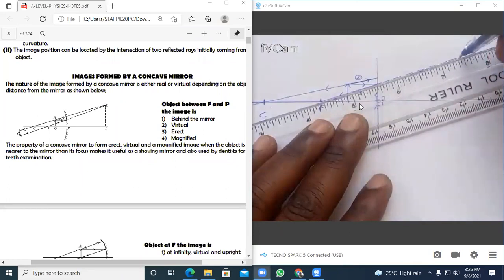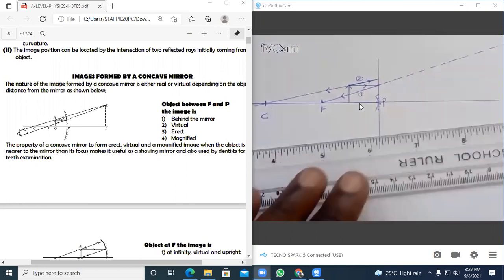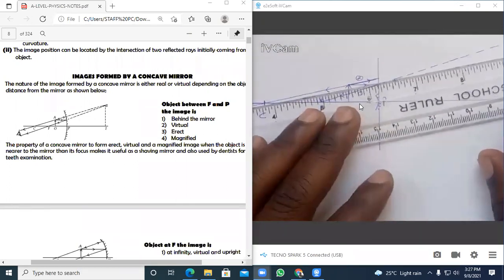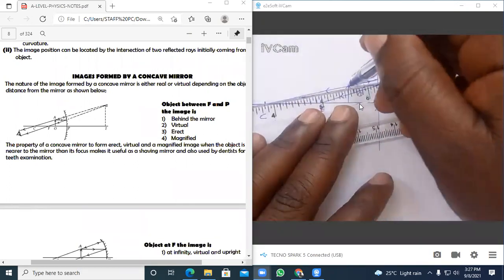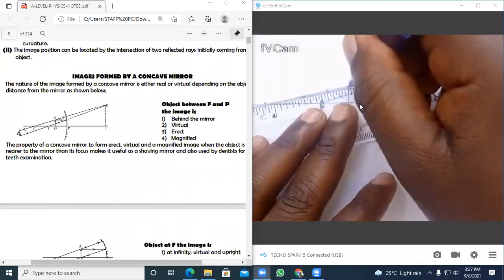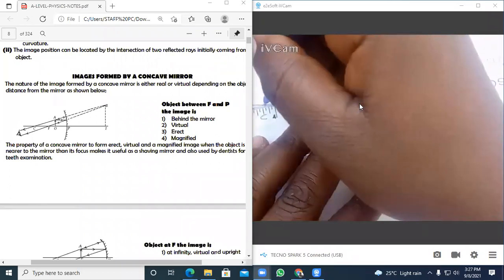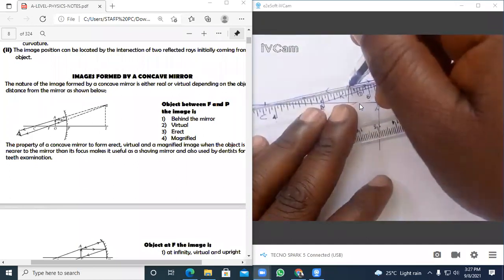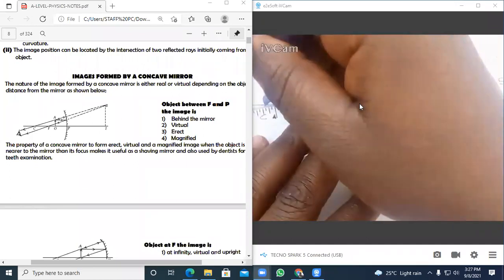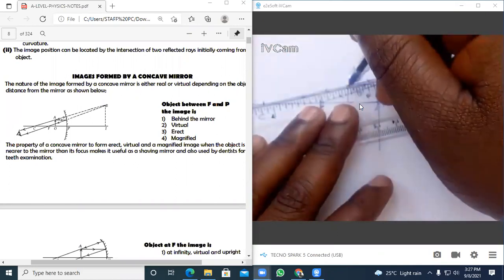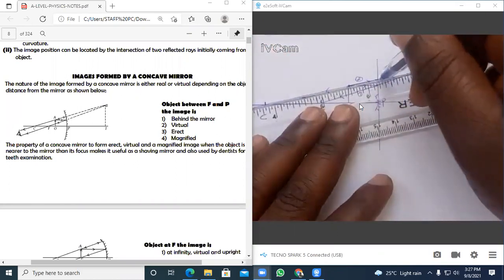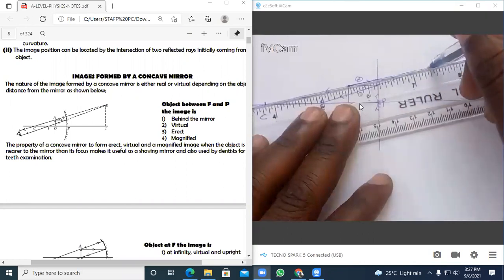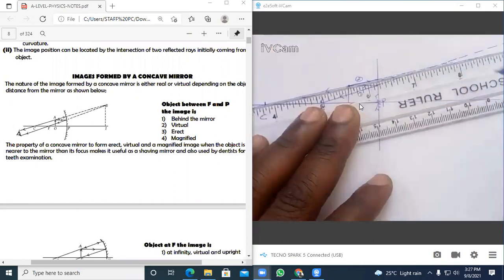I think after somewhere they will intersect. Then the other one also, I'll put this. This one must also be dotted.